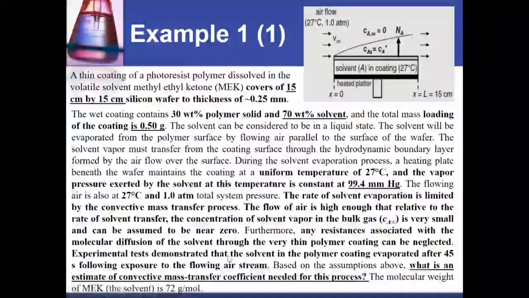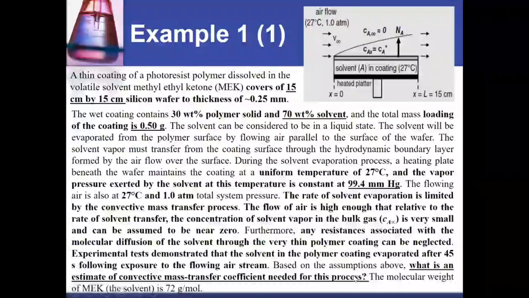Experimental tests demonstrated that the solvent in the polymer coating evaporated after 45 seconds. So the total time for the process to evaporate all the solvent is just 45 seconds after we flow the air. Based on the assumptions above, what is an estimate of the convective mass transfer coefficient needed for this process?